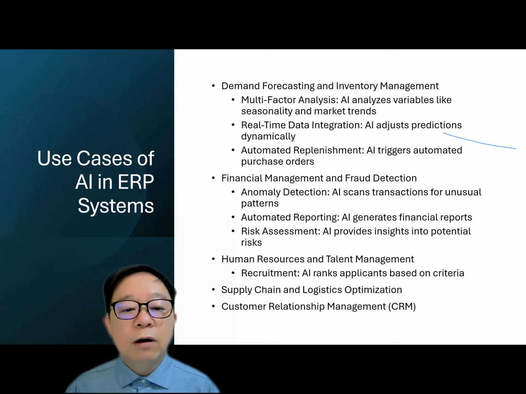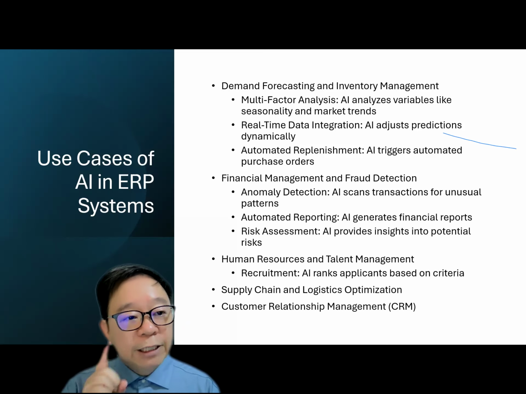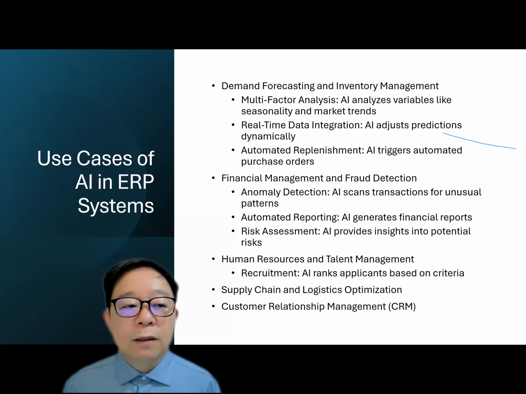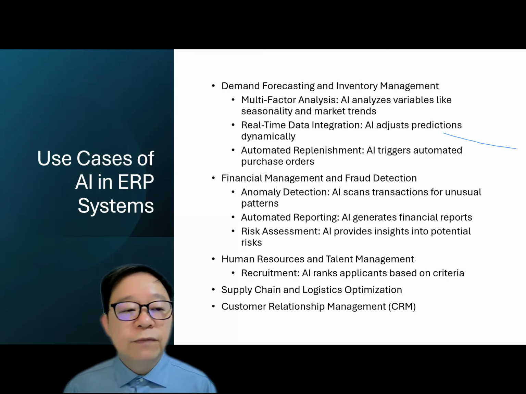So basically, we call it anomaly detection. AI will scan transactions for unusual patterns, especially when certain transactions, or sometimes the money, is not handled properly, right? Very, very critical. Then you are able to automate the report and highlight the potential risk.